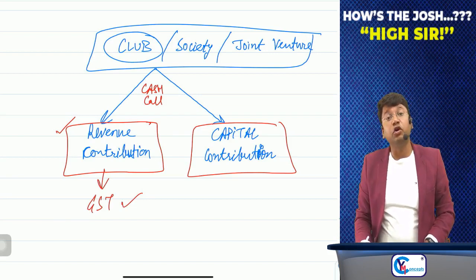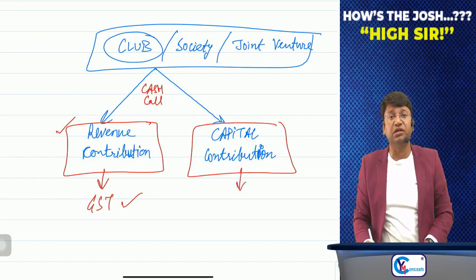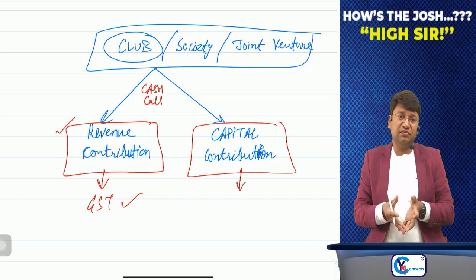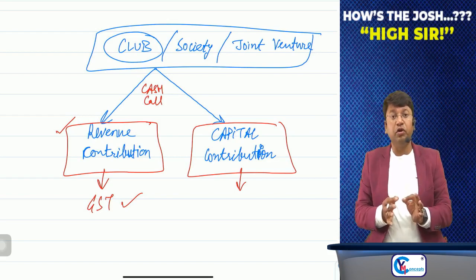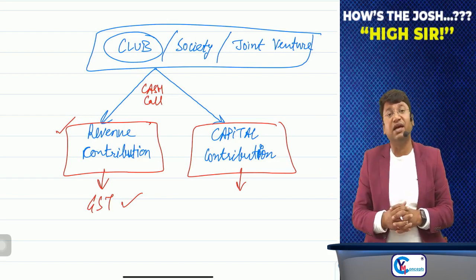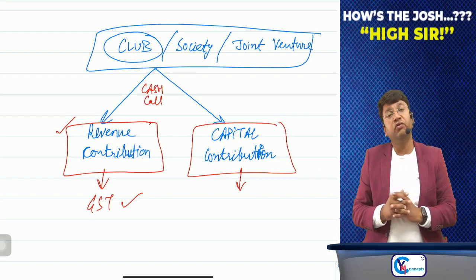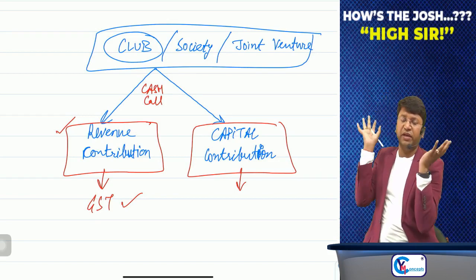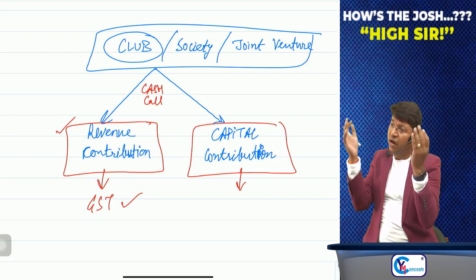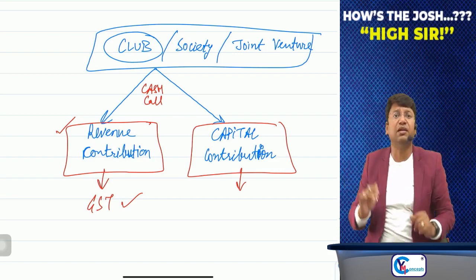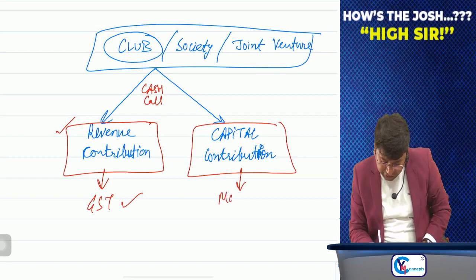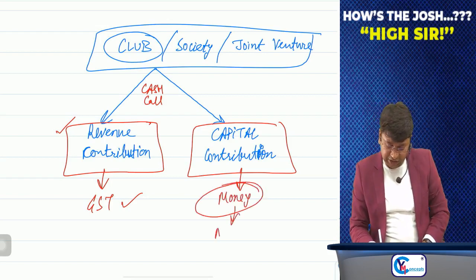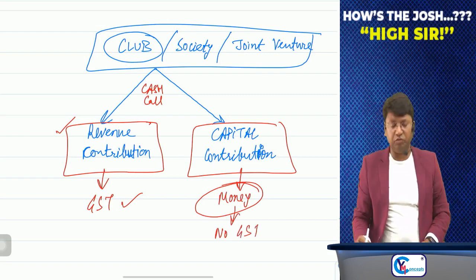But if the contribution is in the nature of capital contribution, suppose we 100 members agreed to contribute 1 crore each, because we want to invest this 100 crore in a big project out of which we will earn revenue, and this 1 crore is refundable. So it's a pure transaction in money. It's a kind of investment only, and no GST will be levied on capital contribution.